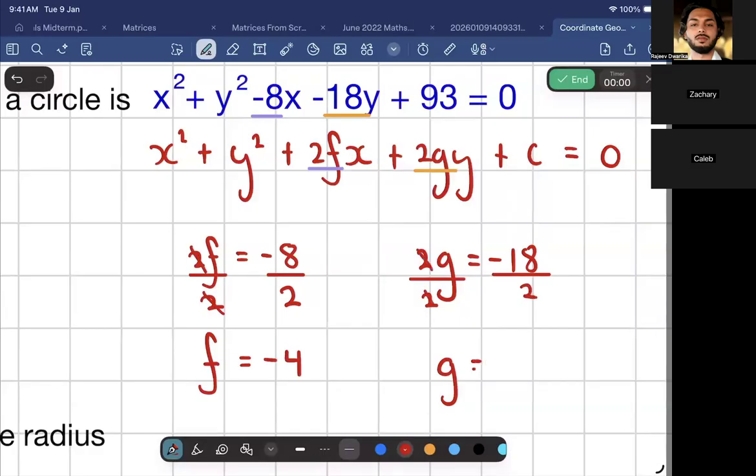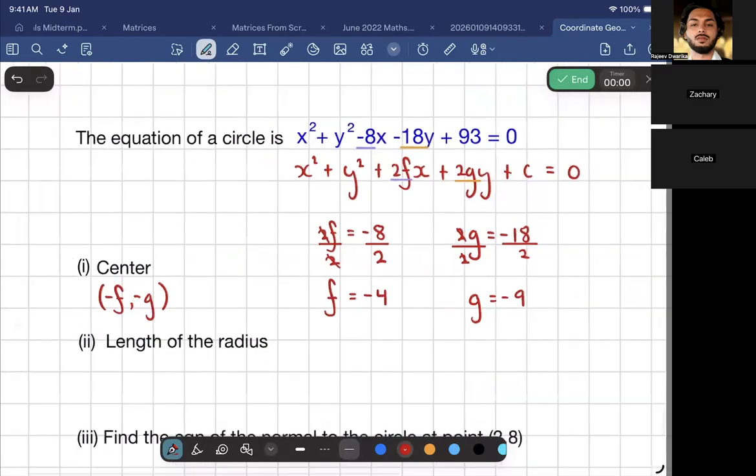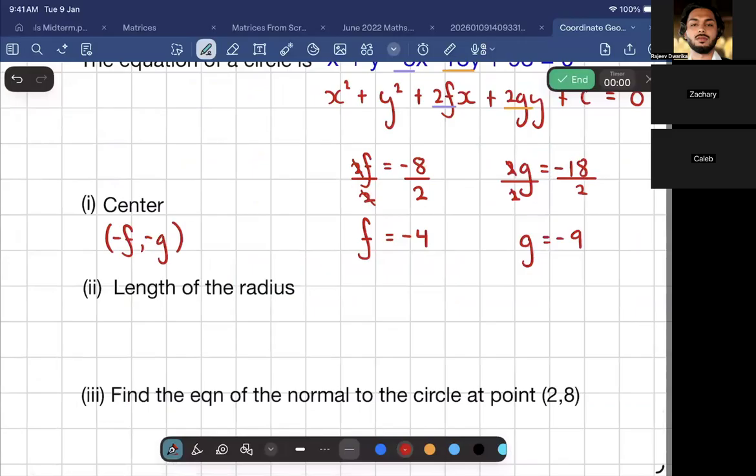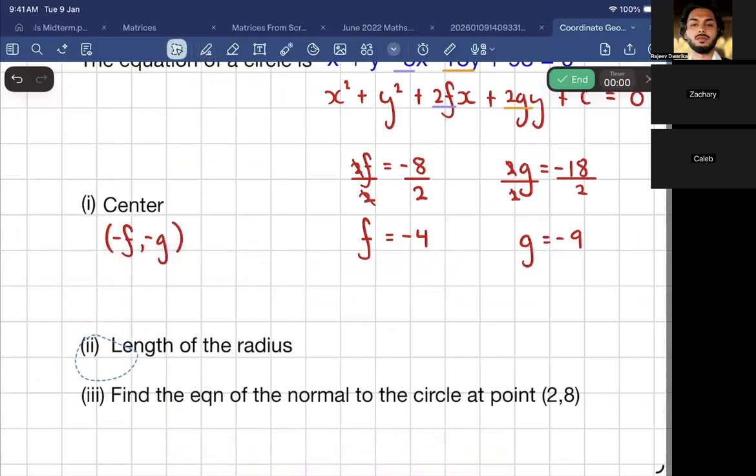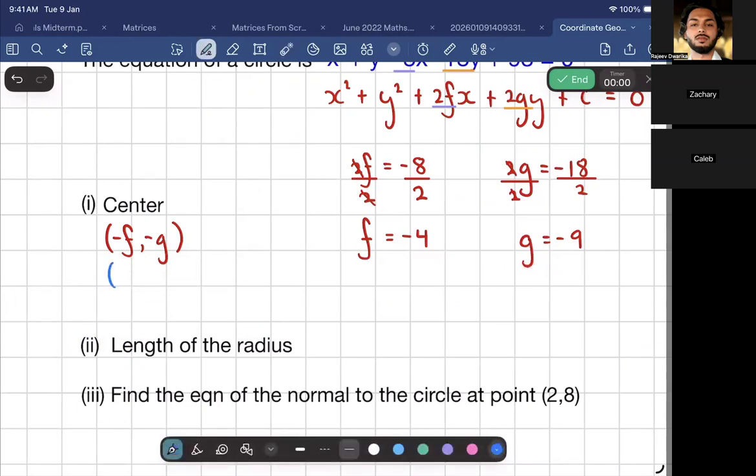Minus 9. Okay. So a lot of students make the mistake of writing: they see negative 4, they write negative 4. They see negative 9, they write negative 9. But that's wrong. It's going to be 4, comma 9, because you're negating whatever you get. So negative 4 becomes 4, and negative 9 becomes 9.